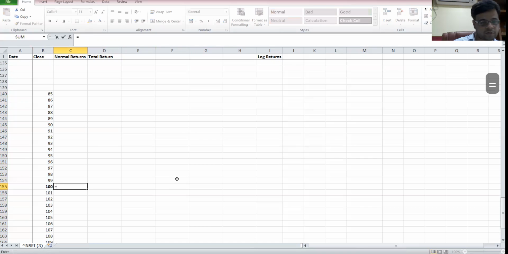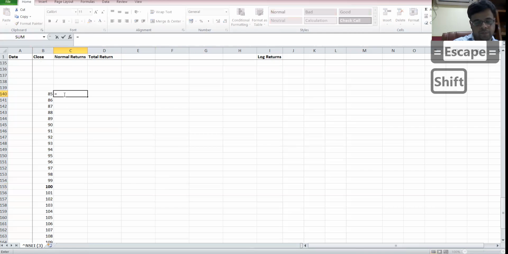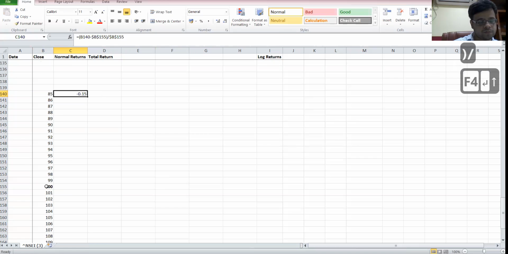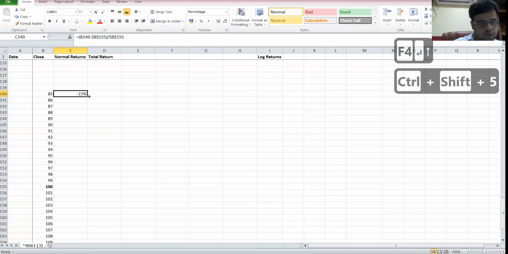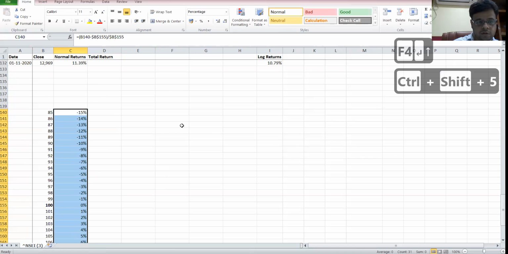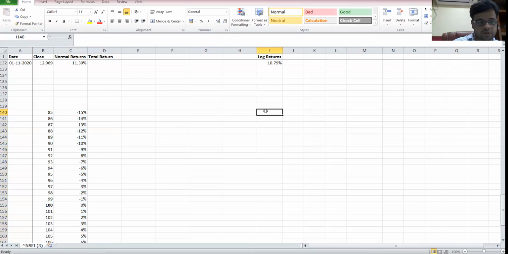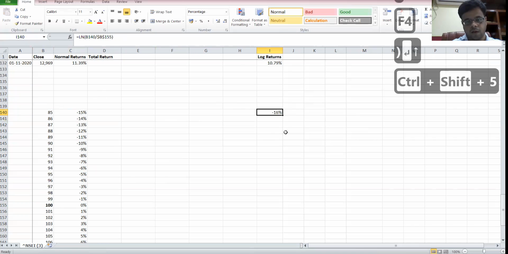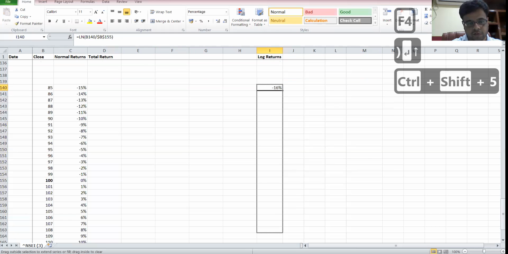So on a normal return, I would get my final investment minus my initial investment, divided by my base, and minus 15% we have for a normal return. In case of a log return, I'll do final return divided by the base, and the difference is a little higher.